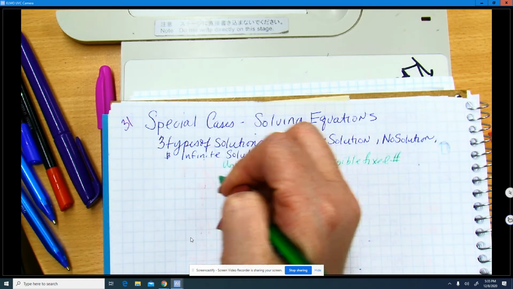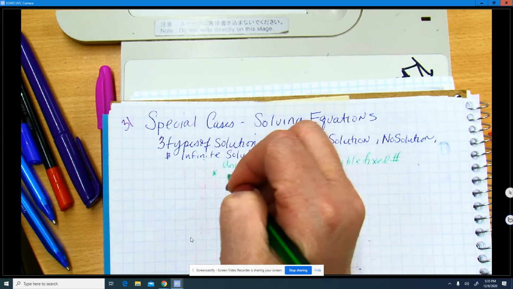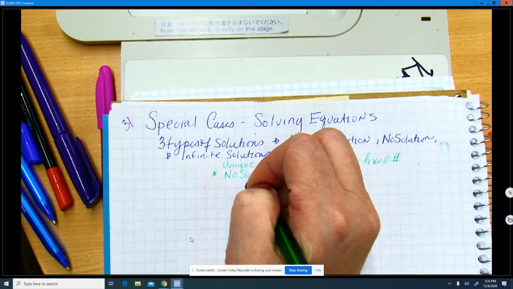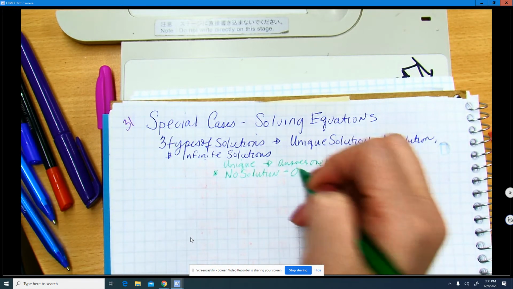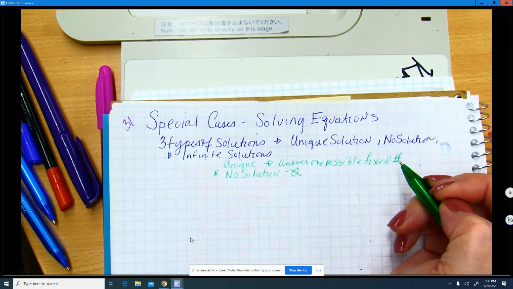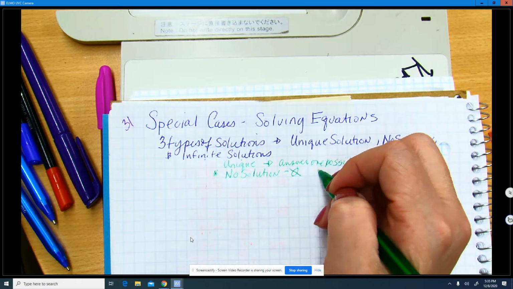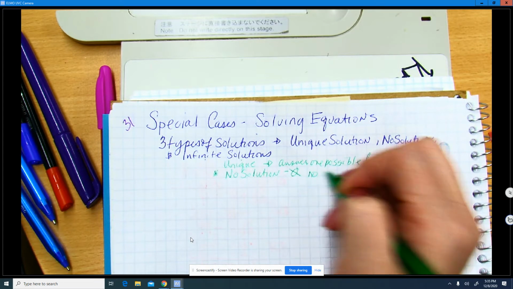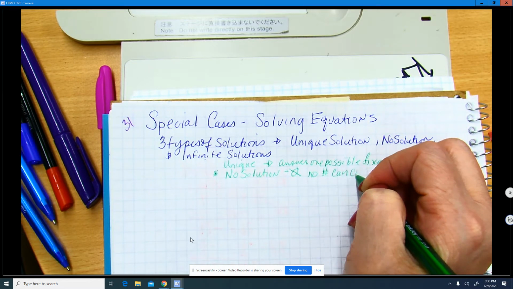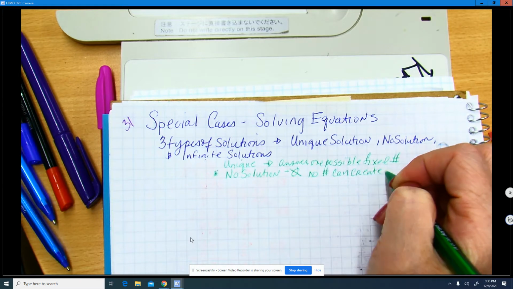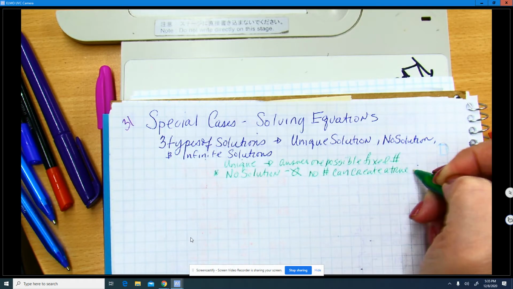The special cases come in when we talk about no solution. And the symbol for no solution is like a 0 with a line through it, where no number can create a true math statement.